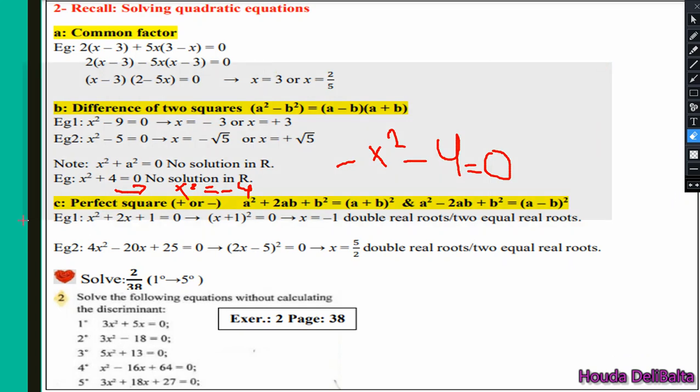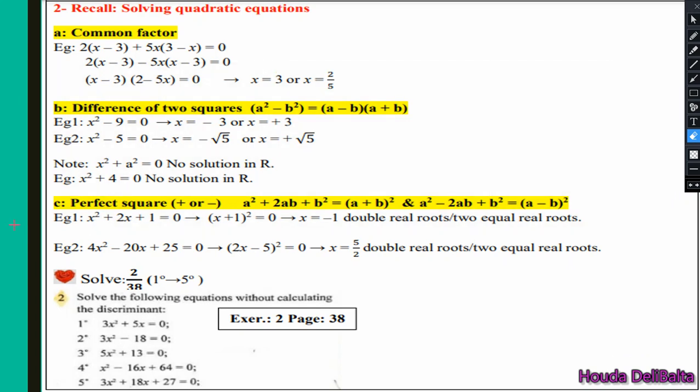Now let's review the perfect square, what is meant by factorizing such an expanded form and writing it in this form. So if I have a squared plus 2ab plus b squared, then it is a plus b all squared, and if I have a squared minus 2ab plus b squared, then it is a minus b all squared, and that's what we usually call the identities.